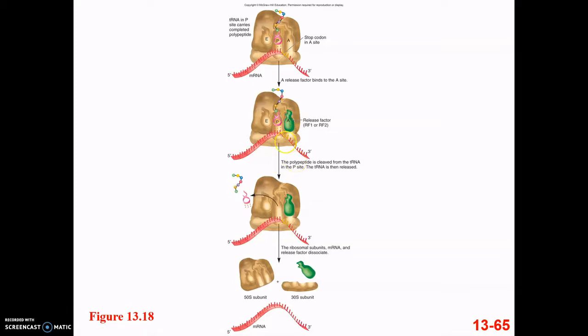That will facilitate, number one, the cutting of the bond between the transfer RNA and the polypeptide chain, but also the release of both to fall out. And then the additional release factor will come in and disassemble the entire complex. And that is how we stop this process. And again, this release factor here has a very similar 3-dimensional shape to a transfer RNA.